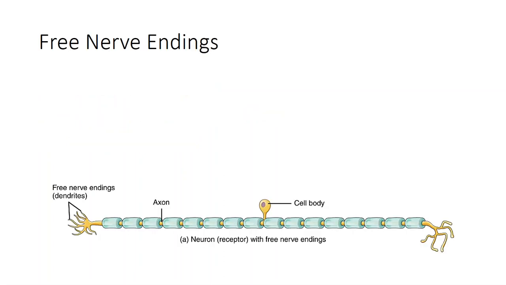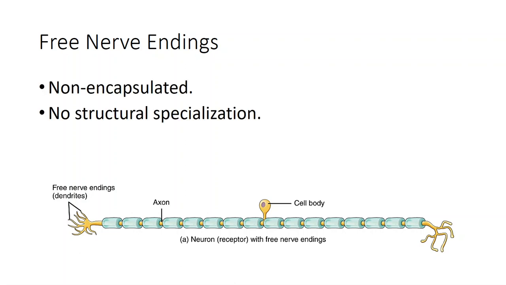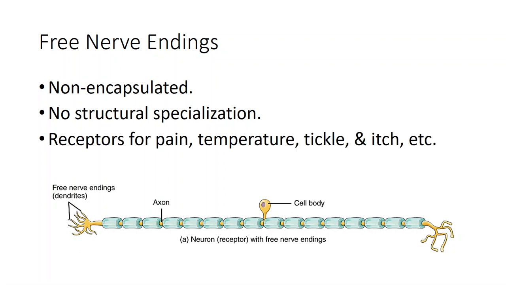Free nerve endings are bare or non-encapsulated dendrites. These lack any structural specializations that can be seen under a light microscope. Receptors for pain, temperature, tickle, itch, and some touch sensations are free nerve endings.